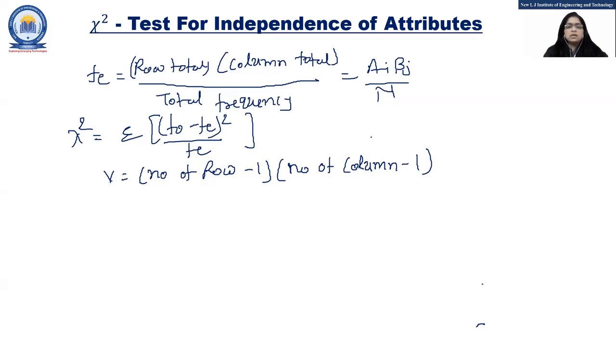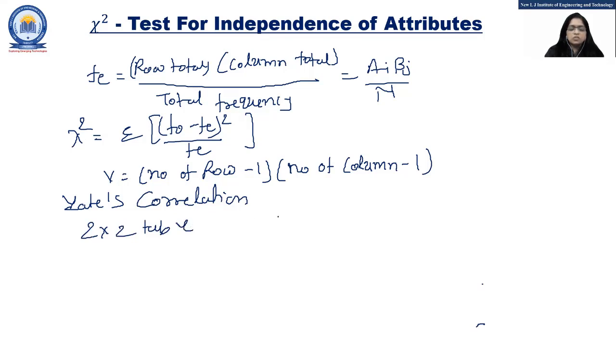One more thing is that, and that is known as Yates correction. In a 2 by 2 table, listen students carefully, in a 2 by 2 table, there is only one degree of freedom.